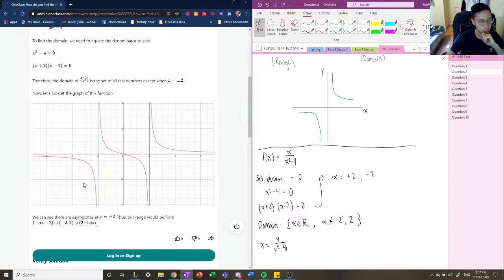So you can see here that at -2, there is no value here. So our range is -infinity to -2, -2 to 2, and 2 to positive infinity.